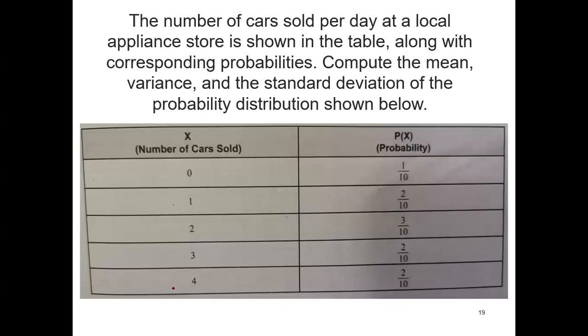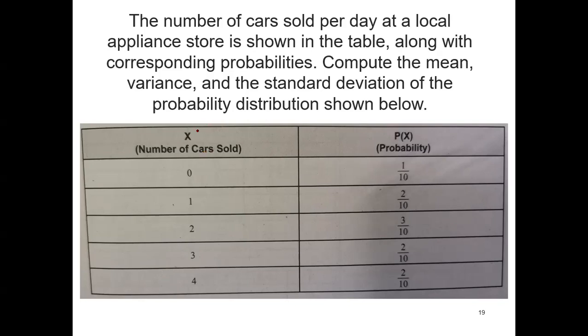Okay, let's move on. We have here an example. The number of cars sold per day at a local appliance store is shown in the table, along with corresponding probabilities. Compute the mean, variance, and the standard deviation of the probability distribution shown below.